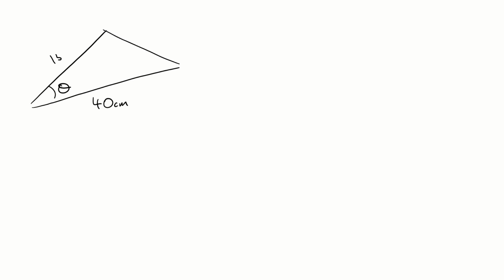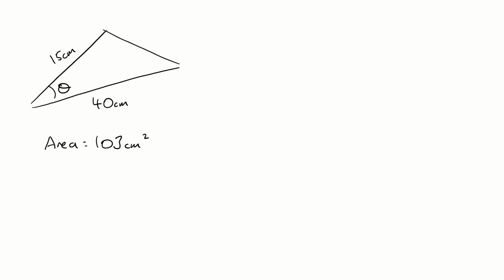Maybe we've got this non-right angled triangle here, and this is our angle theta, this side is 40 centimeters, and this side length here is 15 centimeters. We're told that the area of this non-right angled triangle is 103 centimeters squared.